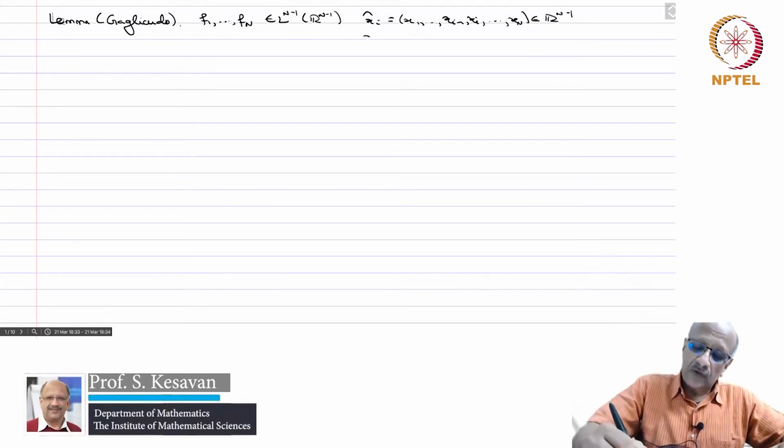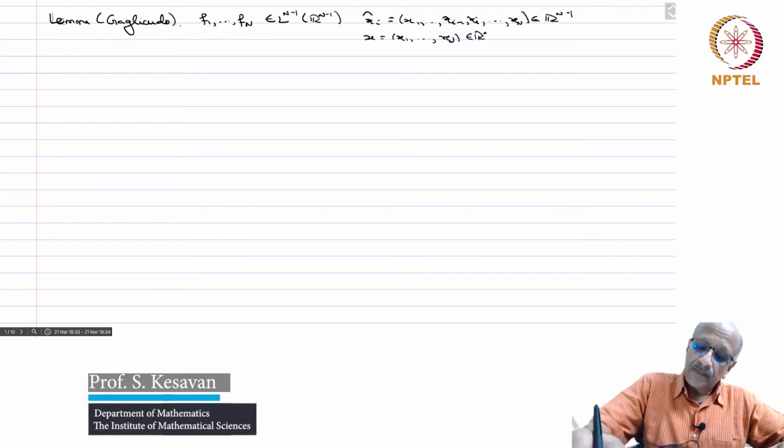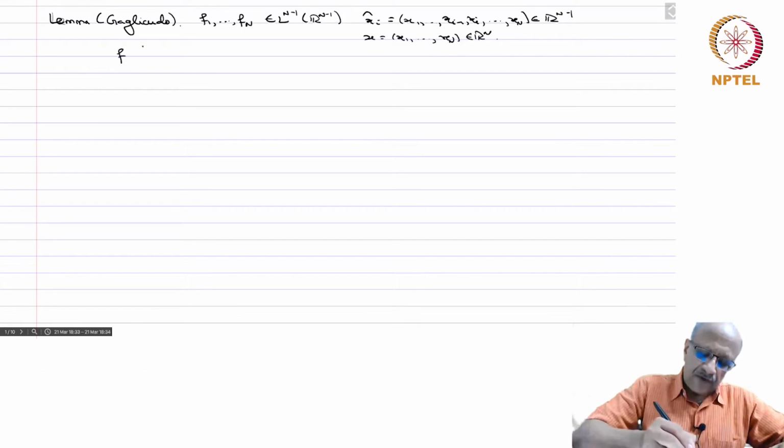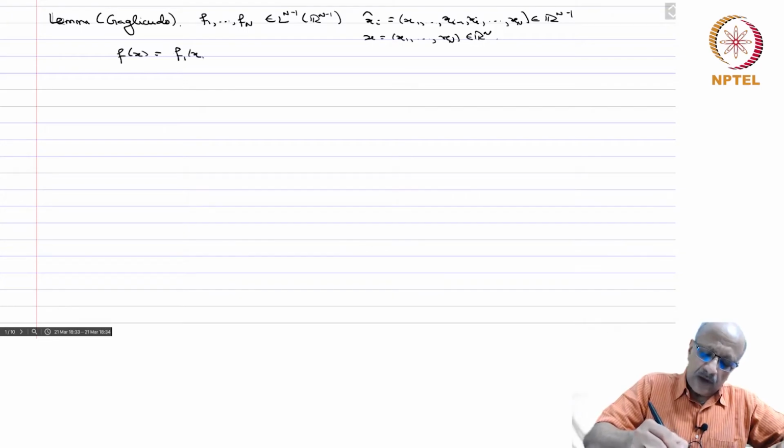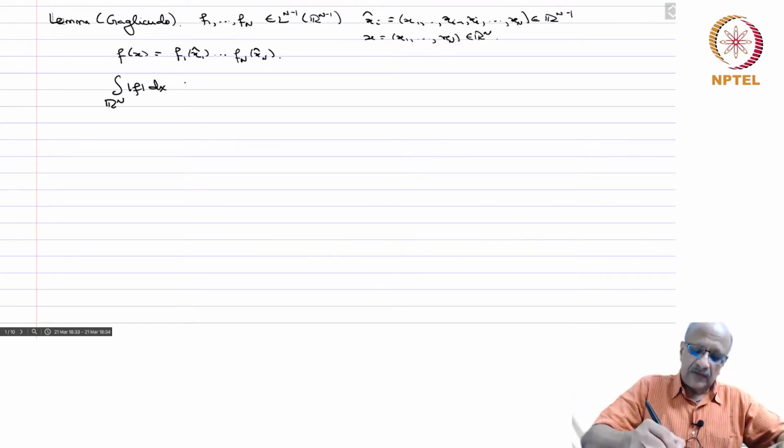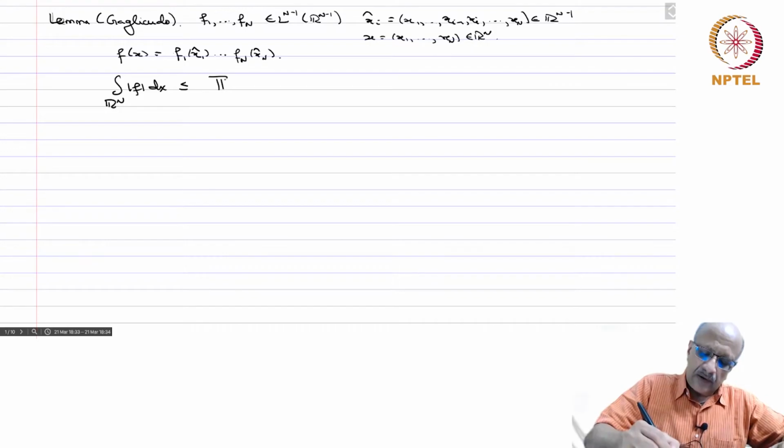If x = (x1, ..., xn) in R^n, then you define f(x) = f1(x̂1) ... fn(x̂n).